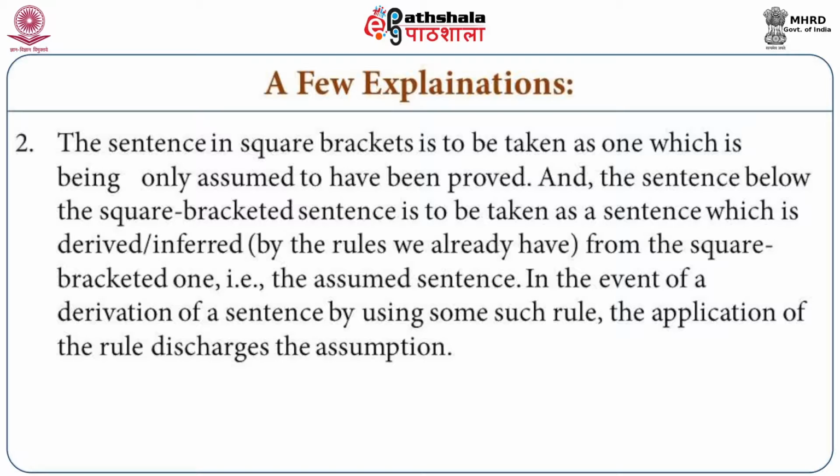Then given A disjunction B, we can infer C. What is happening here is that these brackets are a marker to tell us that whatever is within the bracket is just a supposition, it is not true. But in the inference, we are eliminating our assumptions. So in none of the conclusions that we have arrived at will we see square brackets.